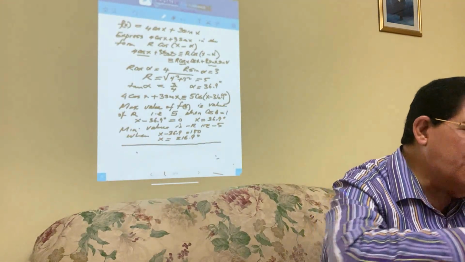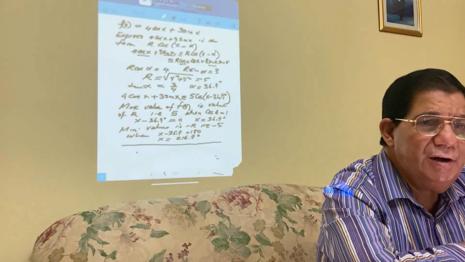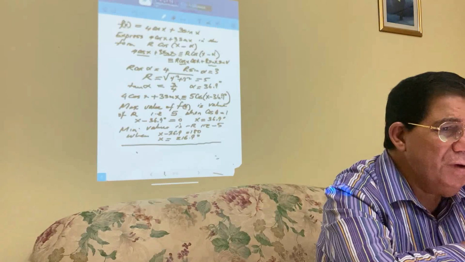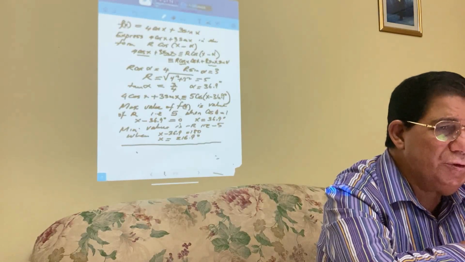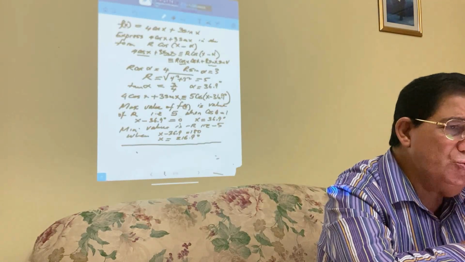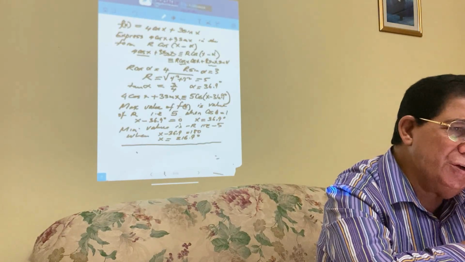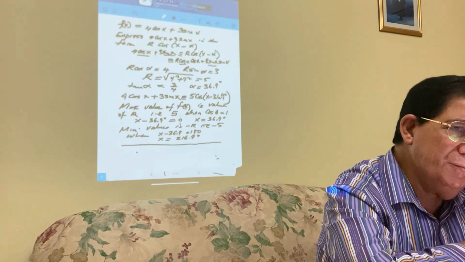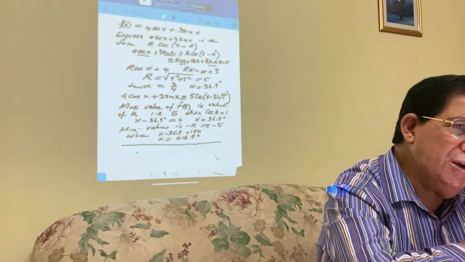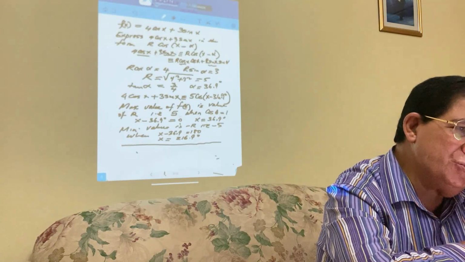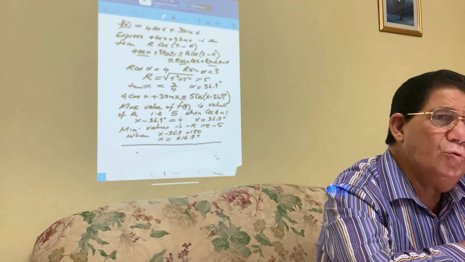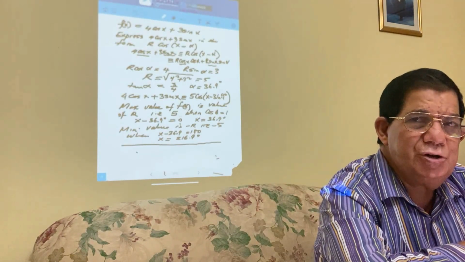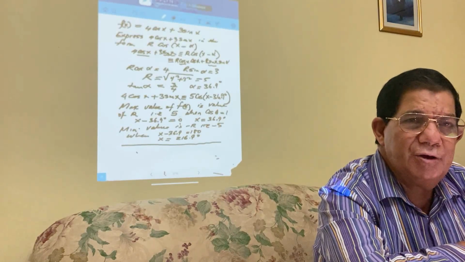This type of problem is a very important type of problem. You will have many questions about this: how to express a function which is, in actual fact, a function containing two trigonometric functions, and we make it one trigonometric function. The expression will be given to us in the question.